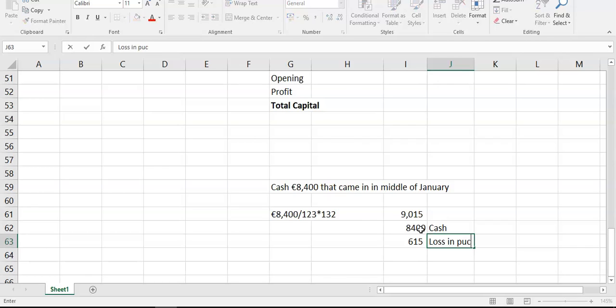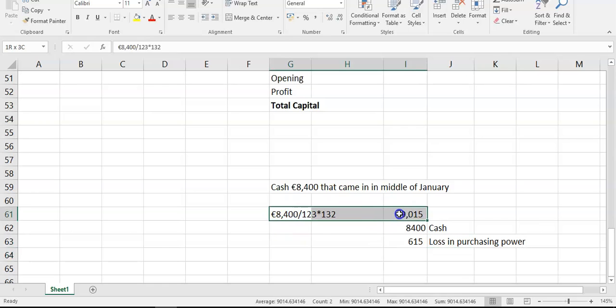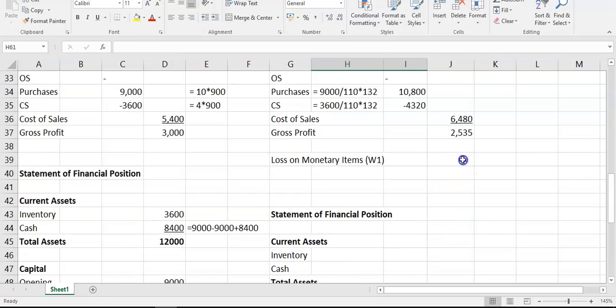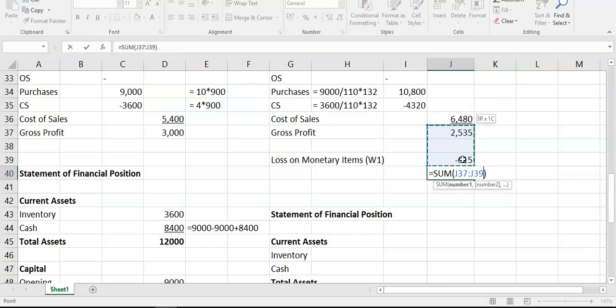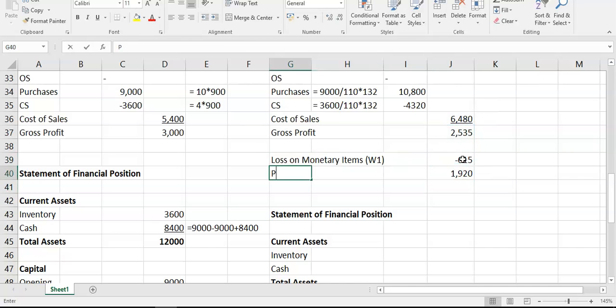Loss in purchasing power. So that's important. Although we're increasing, we're saying that's what the price has gone up by. The fact that you have cash sitting in your bank account that hasn't moved means that you've lost money. And that loss goes in here to give you your profit overall for CPPA of 1920.